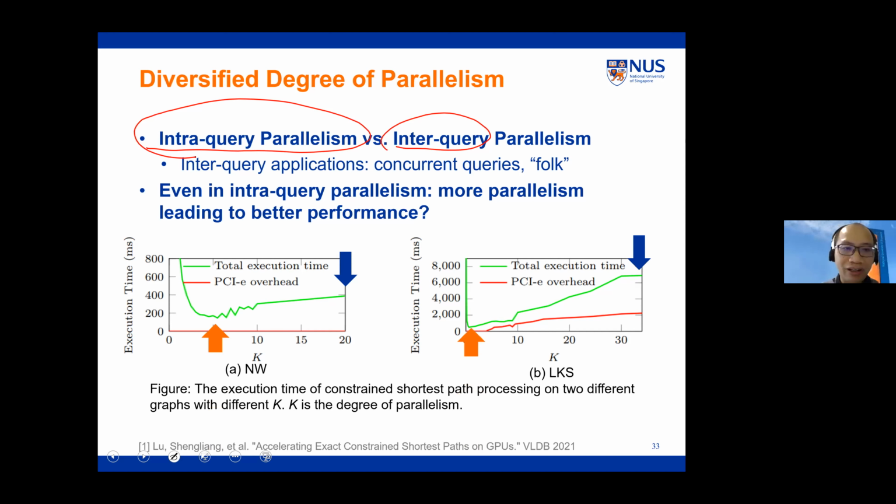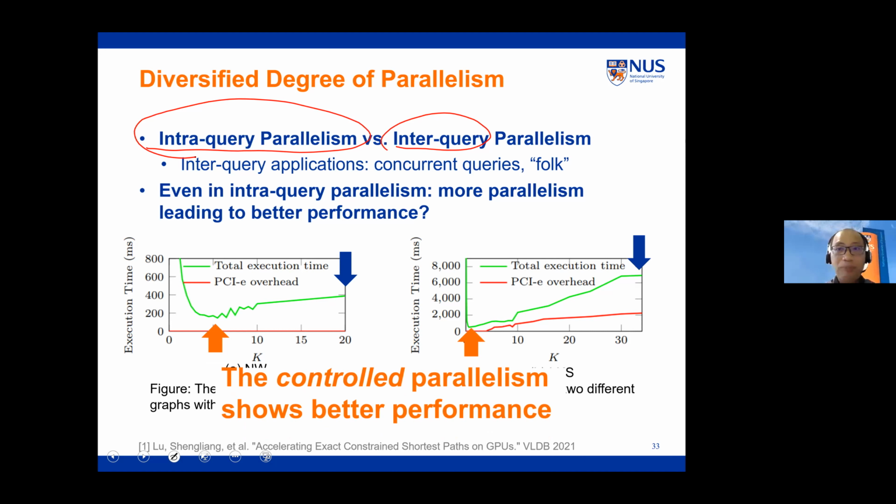There's some point that is a good point, basically the sweet spot. But the sweet spot can be much smaller than the number of threads allowed on the GPU. That means sometimes more parallelism actually leads to worse performance. I will show you more details later on this project.